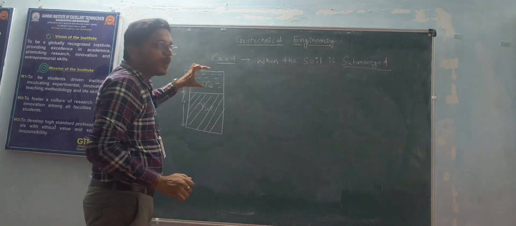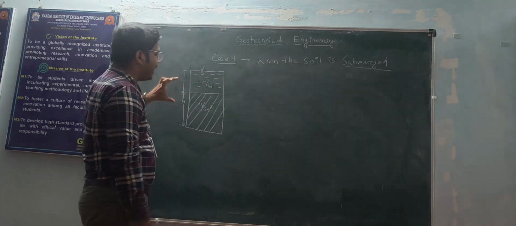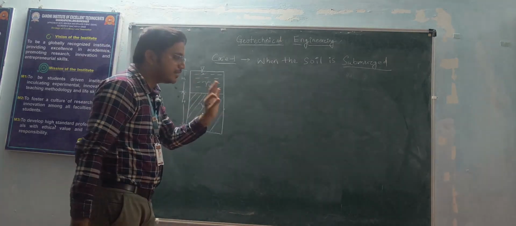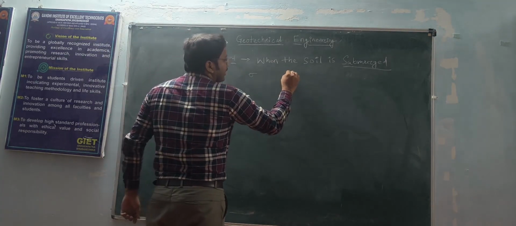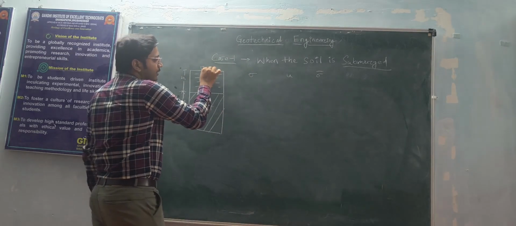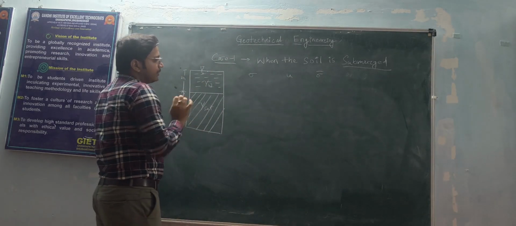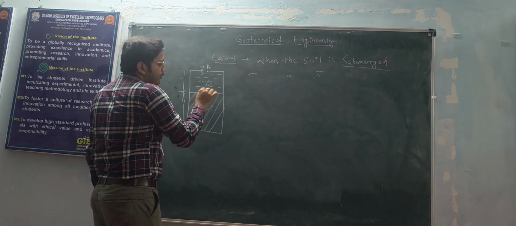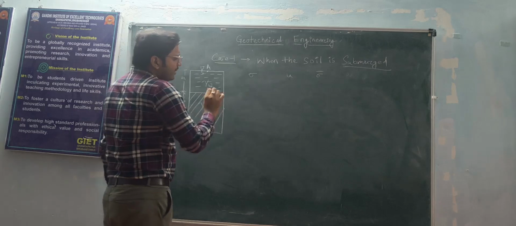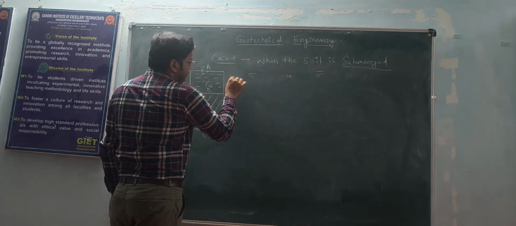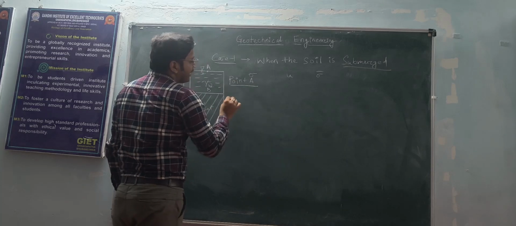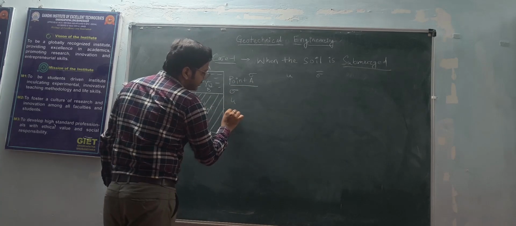If the depth of the water level is H1 and the soil mass is H, we have to calculate at point A, sigma, u as well as sigma bar.